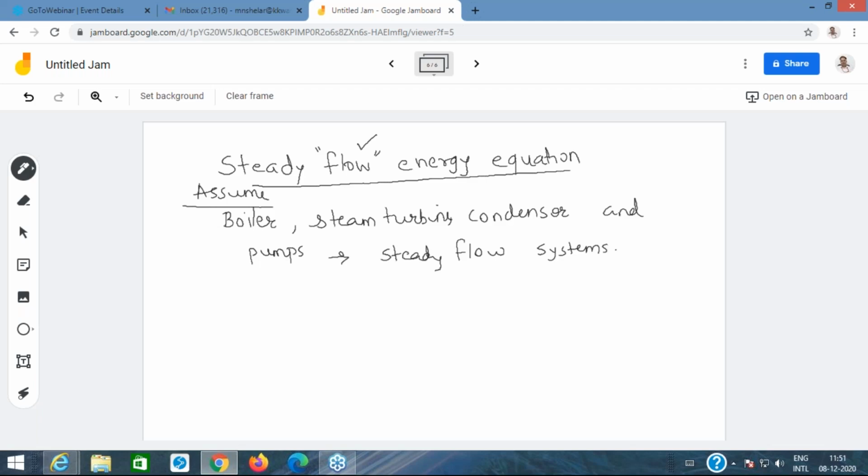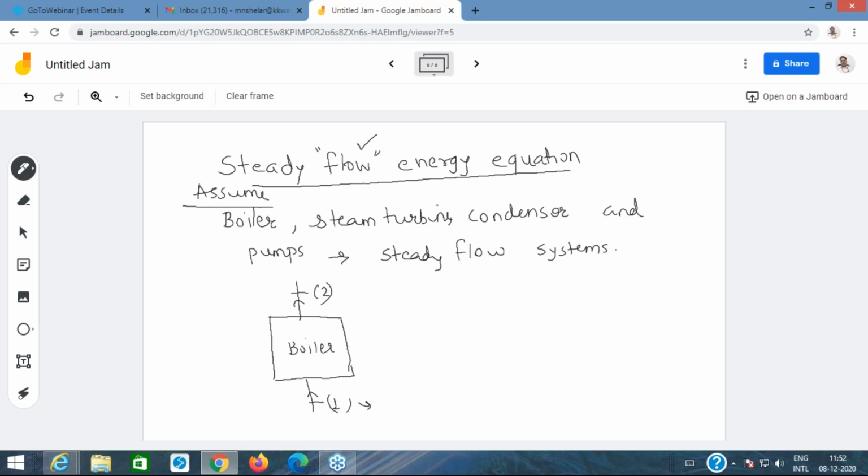Now when you consider a boiler, what is entering the boiler and at what state is it? As per my nomenclature, the entry state is 1 and the exit state is 2, right?